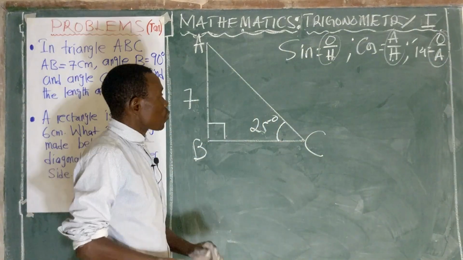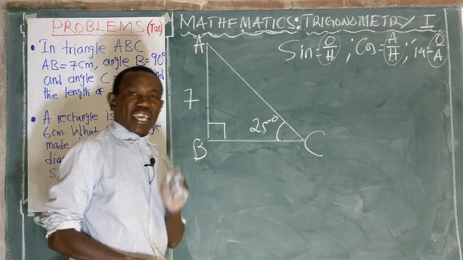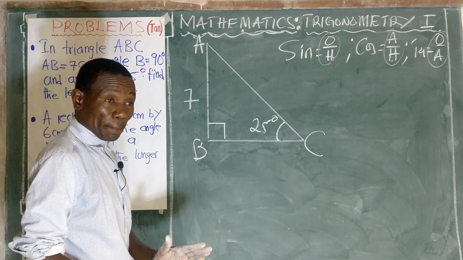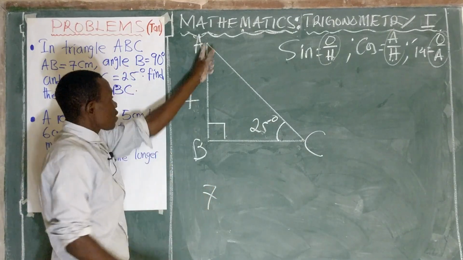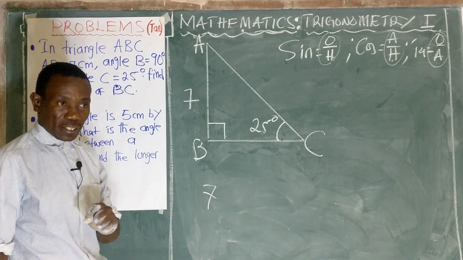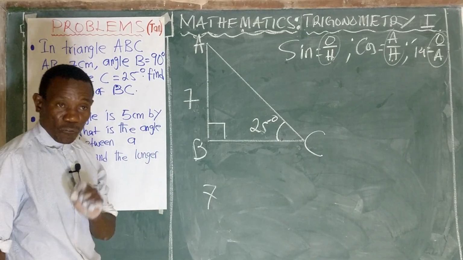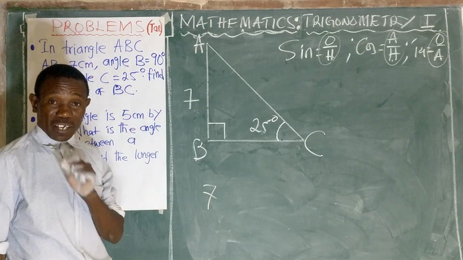So for you to choose the ratio, first of all ask yourself, which side are you given already in the question? Here you are given one side as 7 centimeters. We get to know the name of that side. Please, I insist that you understand this one.